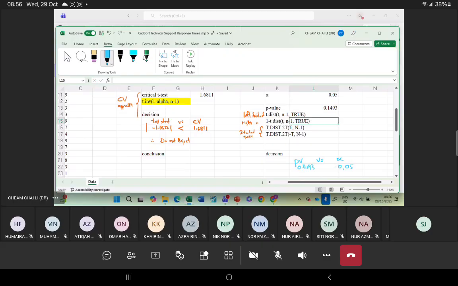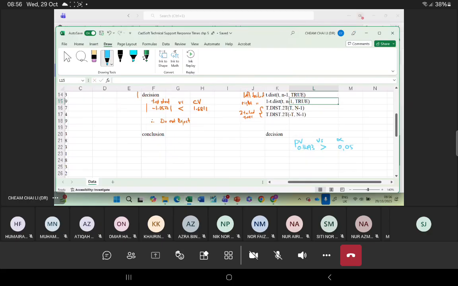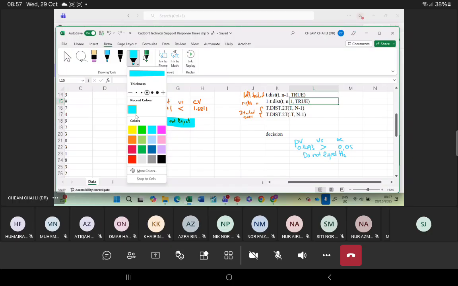Okay, you compare these two, and p-value is larger. Kalau p-value lebih besar, your decision is do not reject. Right? Do not reject H0. Yang ni sama dengan statistik yang lain. Maksudnya, if your decision yang ni kan, critical value dengan p-value approach, dia kena consistent, right?